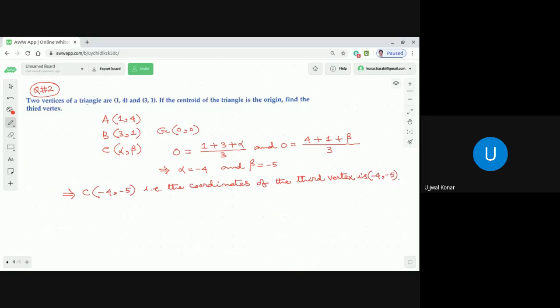Any doubt, please do let me know. If you require even the smallest clarification, never hesitate to let me know. No, sir, I understood. Okay, great.